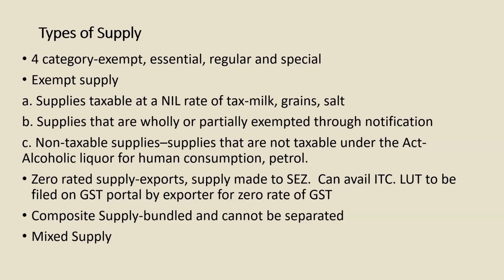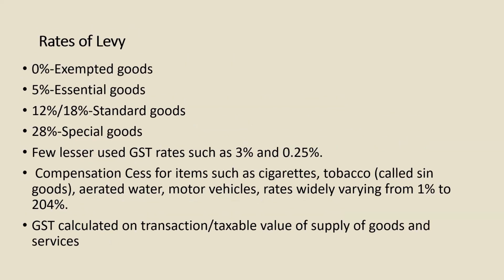Now, as far as the rates of levy are concerned, these are the rates of levy. 0% we have already seen, 5% for essential goods, 12 or 18% for standard, and 28% for special goods. Now, there are other rates ranging from 3 to 0.25%. But generally, when we talk of rates of GST, we talk of 12 or 18, and for special goods, 28%.